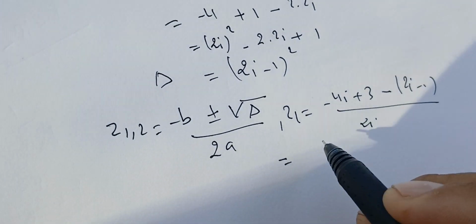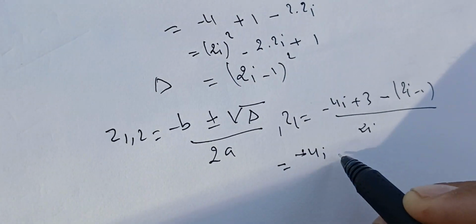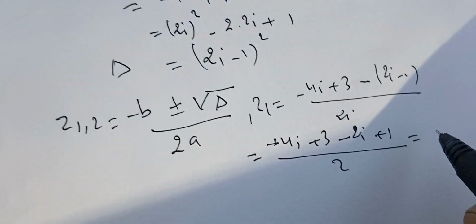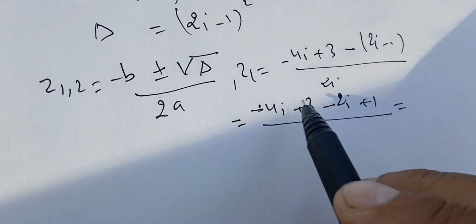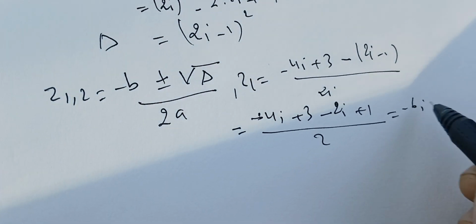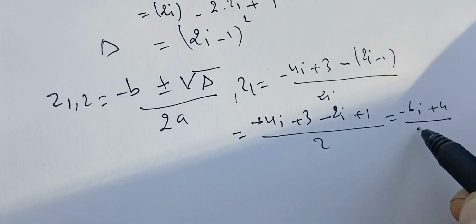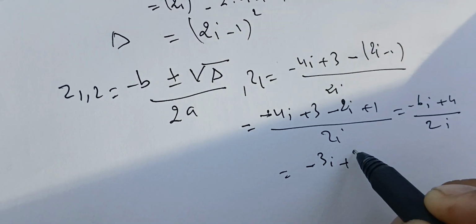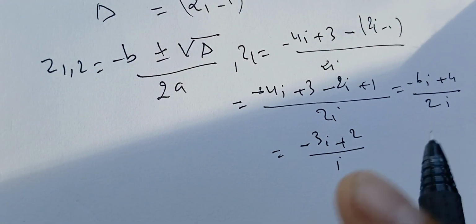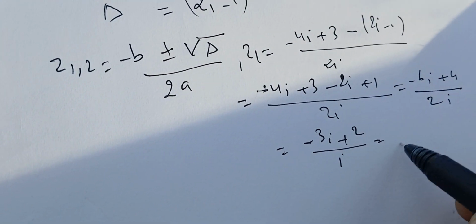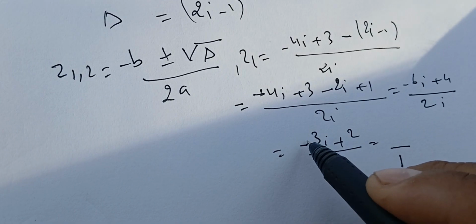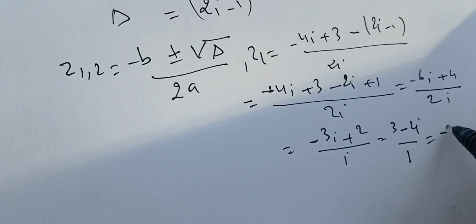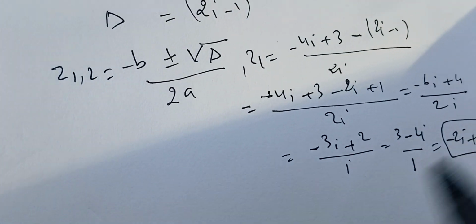So this gives us minus 4i plus 3 minus 2i plus 1 over 2i. With some simplification, we get minus 6i plus 4 divided by 2i. So here we get minus 3i plus 2 over i. So we multiply everything by minus i. In the bottom we get 1, and the top gives 3 minus 2i. So we get minus 2i plus 3 for z1.